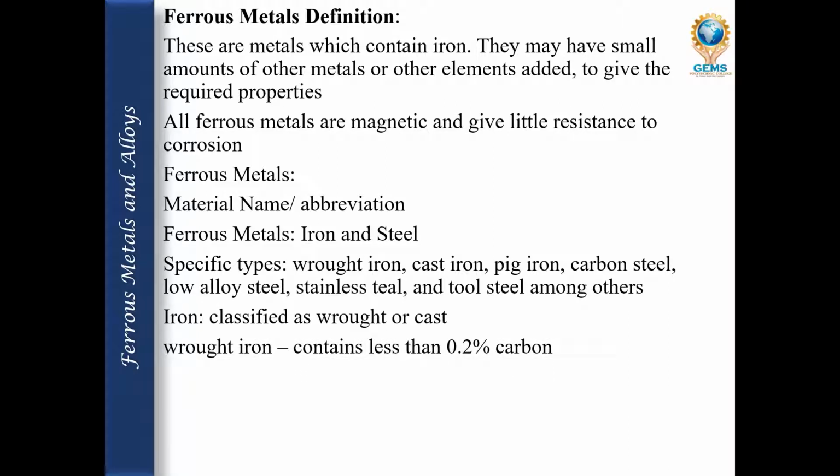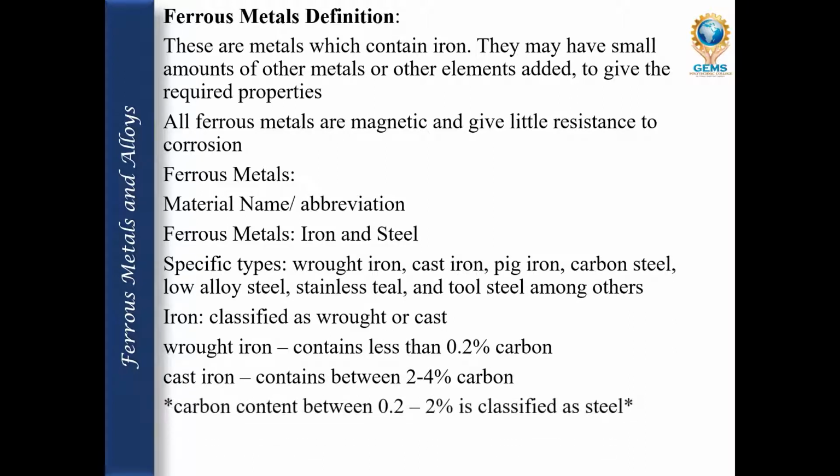Wrought iron contains less than 0.2% of carbon, and cast iron has 2 to 4% of carbon. A carbon content between 0.2 to 2% is classified as steel.